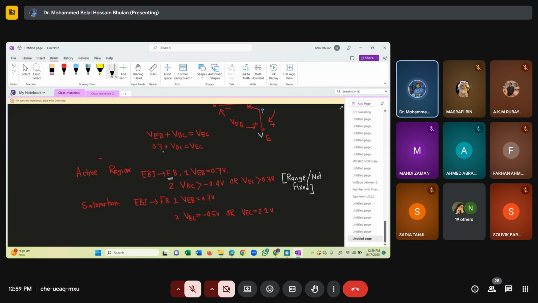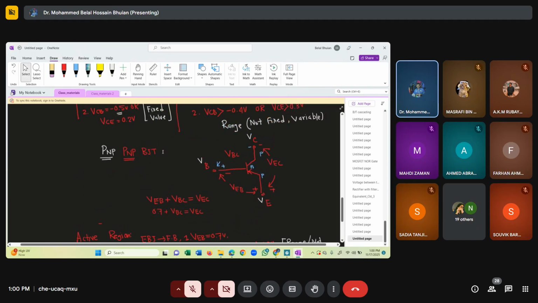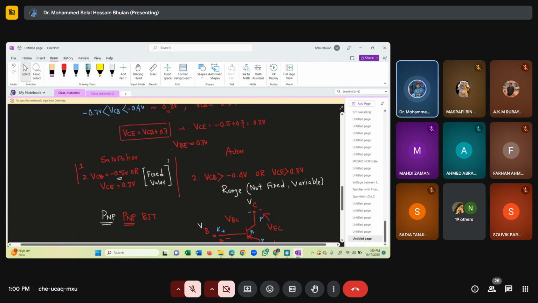For saturation region, emitter to base junction must be forward biased, and VEB 0.7, VBC minus 0.5 volt, and VEC 0.2. Again, fixed volt, fixed. Okay, so these are the condition for the BJT to be operating in active region or in saturation region for both NPN BJT and PNP.